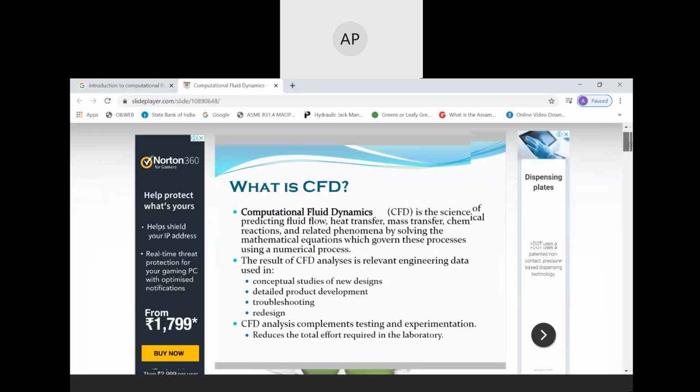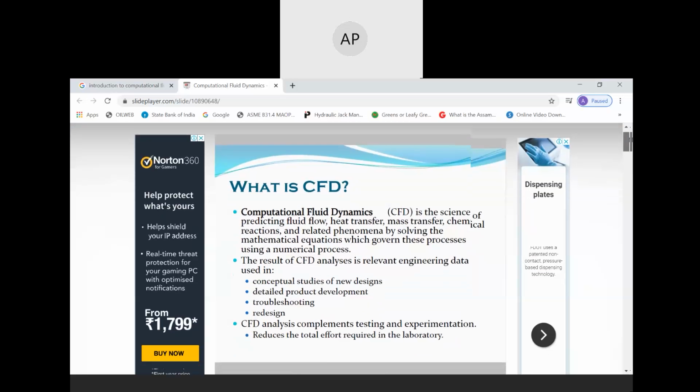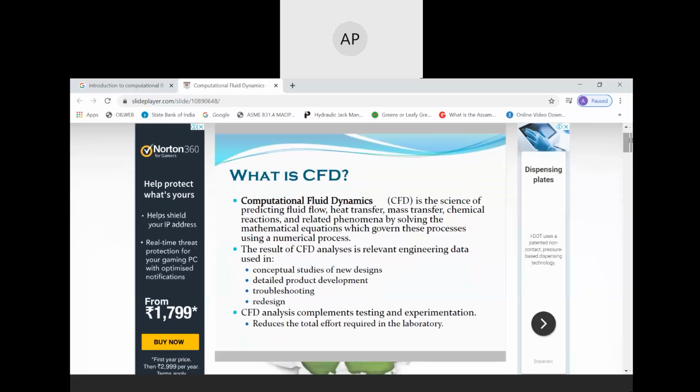So it is the science of predicting fluid flow, heat transfer, mass transfer, chemical reaction, and other phenomena by solving the mathematical equations which govern this process using a numerical process. So basically it is a numerical based process.